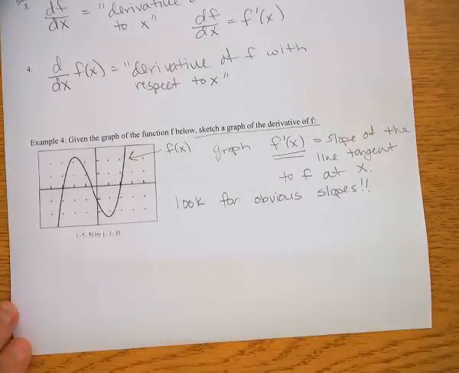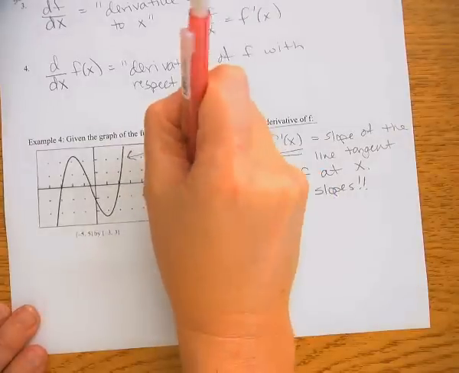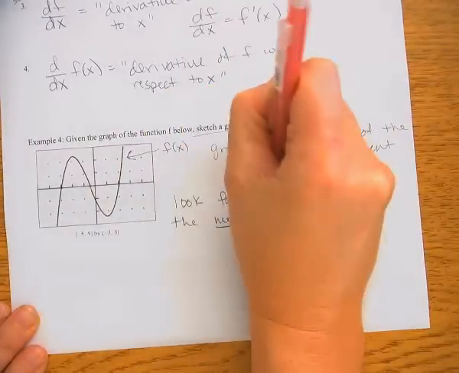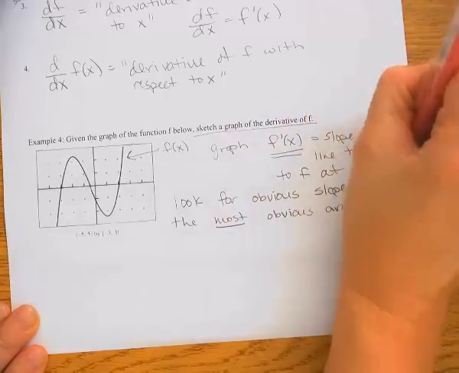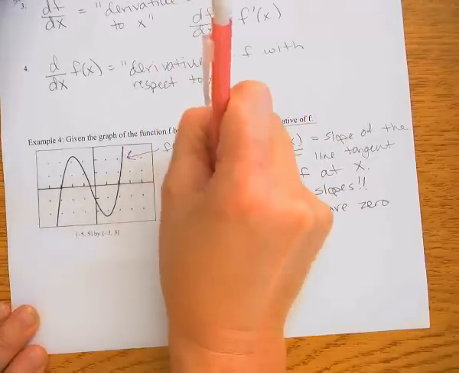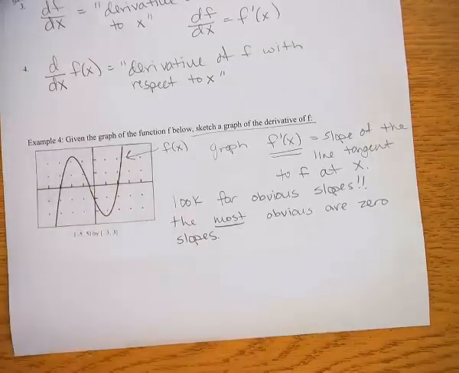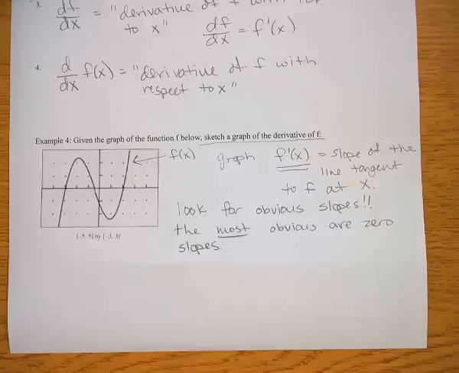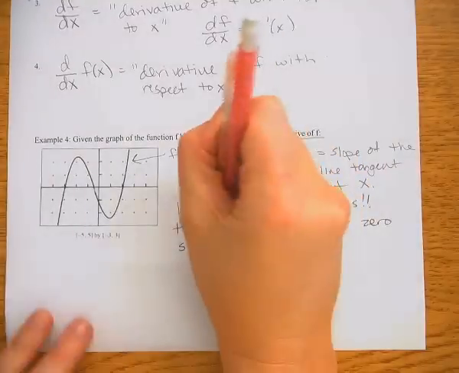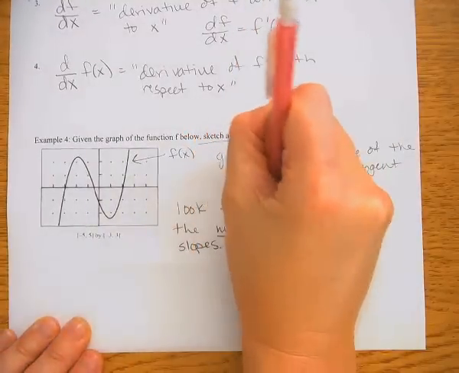And the most obvious are the zero slopes. So we're going to take a look at this graph and locate where the slope of the tangent line is equal to 0, because that's the most obvious. Because the zero slope is basically a horizontal tangent line.